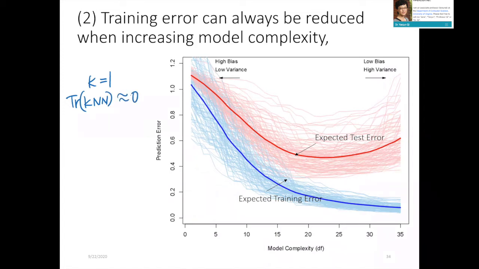In polynomial cases, you can increase d a lot and fit the training data perfectly. Your training error always decreases when your model becomes more complex. But the variance of that model increases, which means the generalization is not necessarily improved.